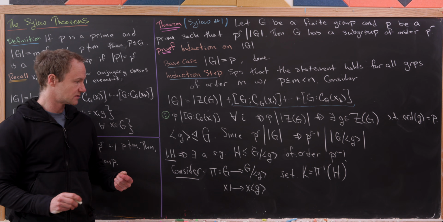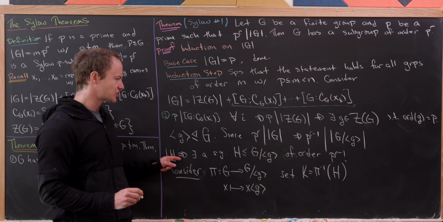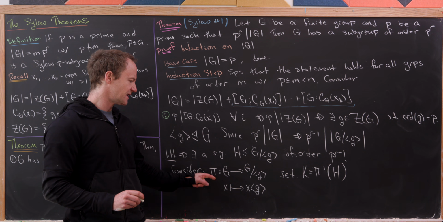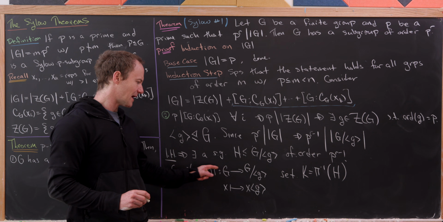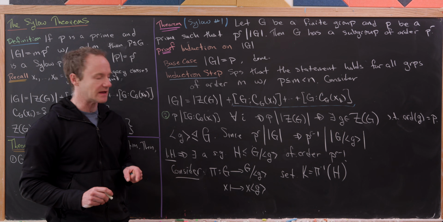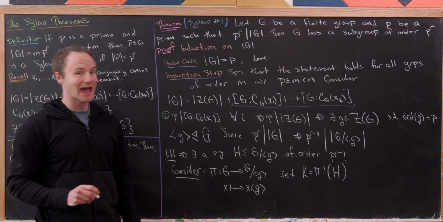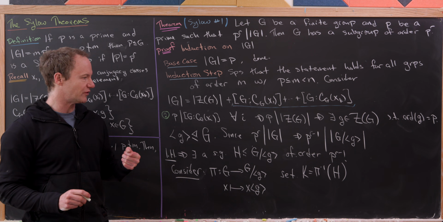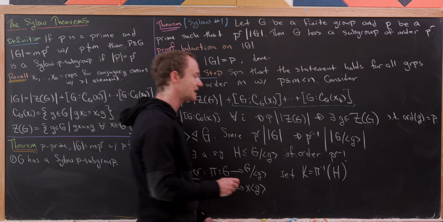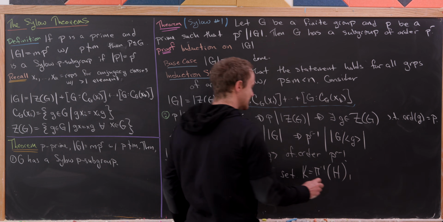Okay, nice. But then H had order p to the r minus 1, but since this map maps to a quotient where the quote-unquote denominator has order p, that means that this K, which is the pullback, if you will, of this group of order p to the r minus 1, clearly has order p to the r.